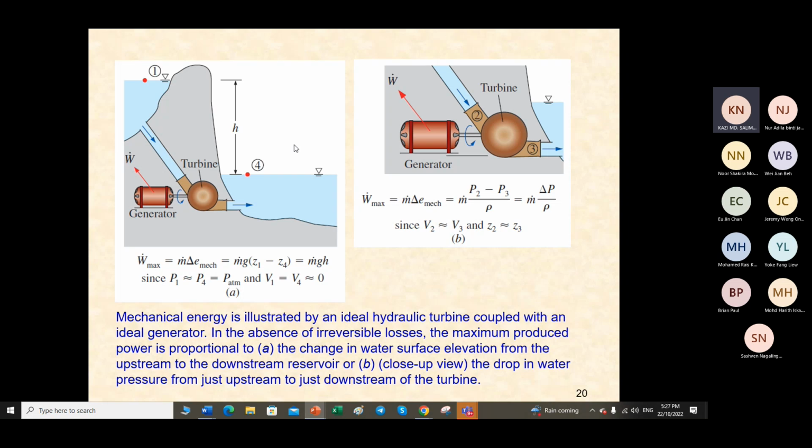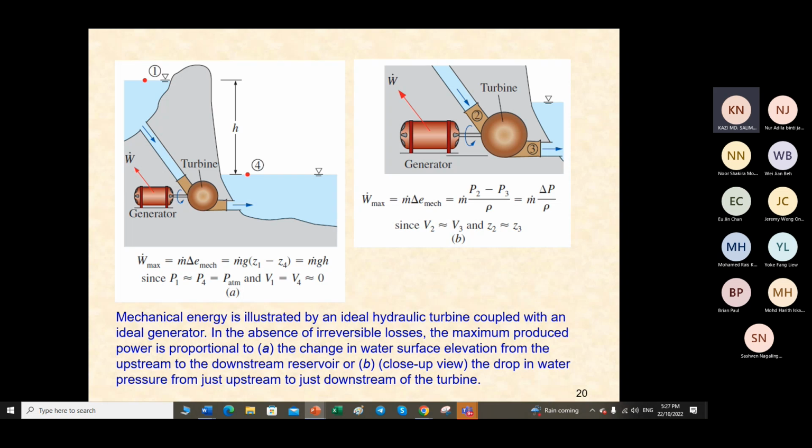This is the head minus this head when it is flowing through the turbine. This is the water turbine, and it is operating the generator. Once it is operating the generator, electricity is produced.